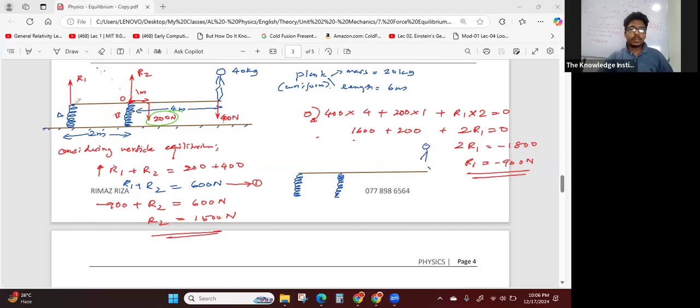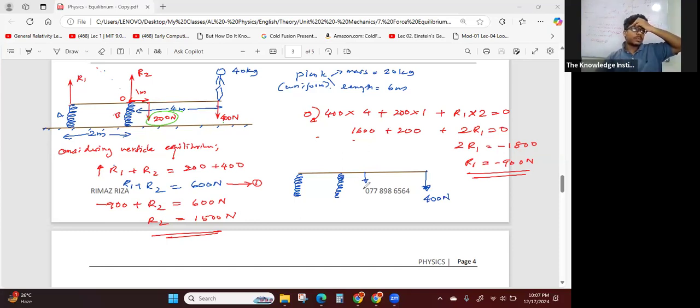No need to draw those things and all. Due to the weight of the boy, this will be pulled downward with a force of 400 Newton, and the weight of the plank will be here, 200 Newton. So the weight of the boy and the weight of the plank try to push this plank downwards.